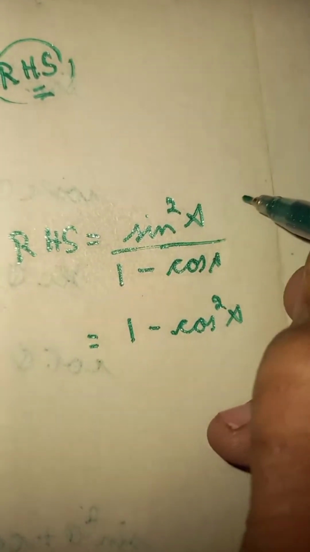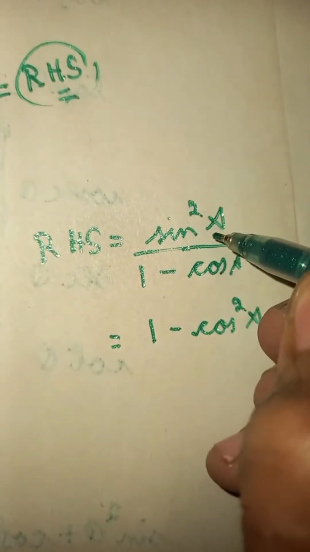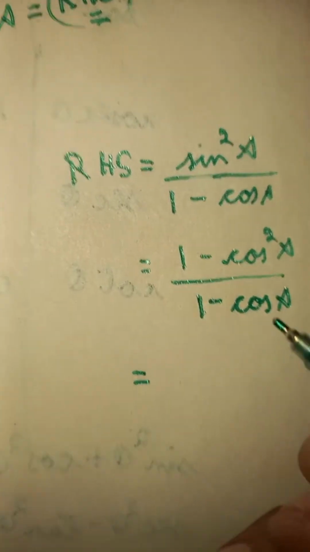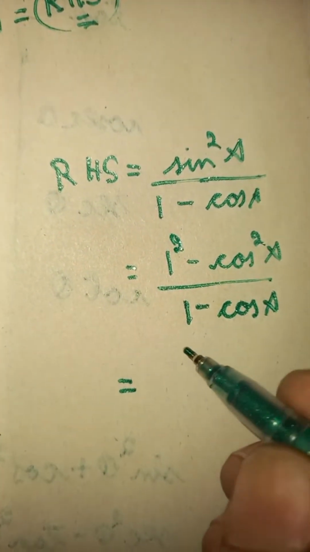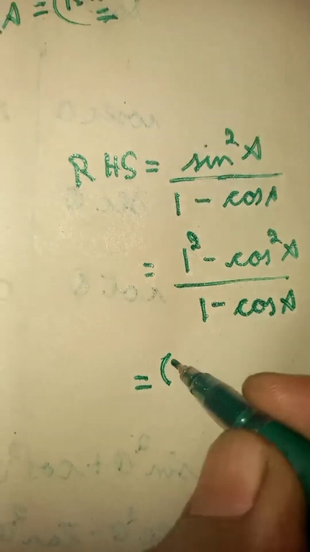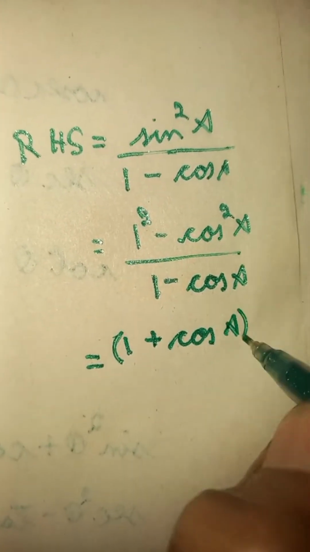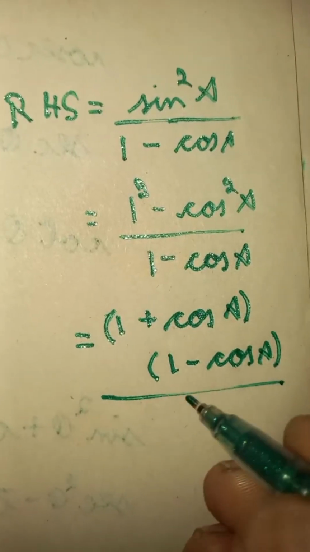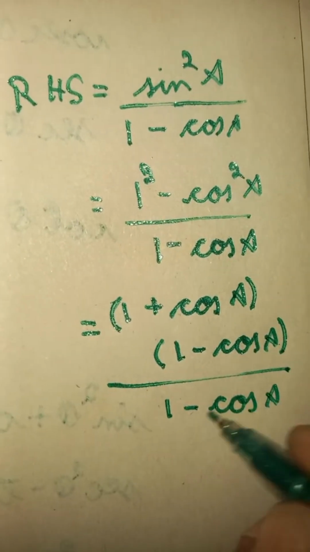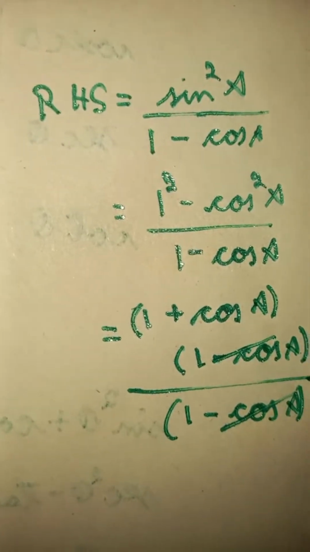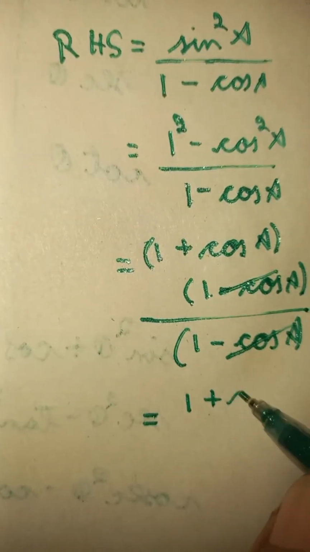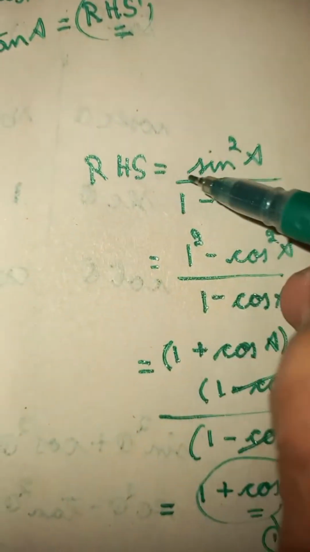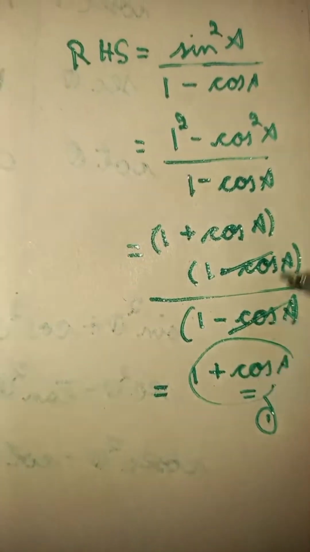If you send cos square A to that side, it becomes 1 minus cos square A equal to sin square A, divided by 1 minus cos A. This 1 minus cos square A can be written as 1 square minus cos square A. A square minus B square is A plus B times A minus B. So 1 plus cos A times 1 minus cos A whole divided by 1 minus cos A. This 1 minus cos A cancels with 1 minus cos A, so this becomes 1 plus cos A. This is equation 1, the simplified form of this RHS, sin square A by 1 minus cos A.